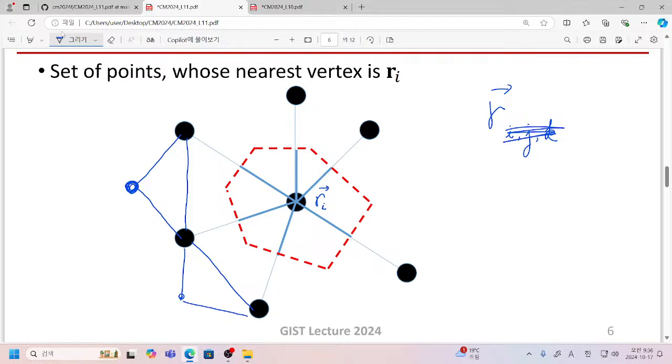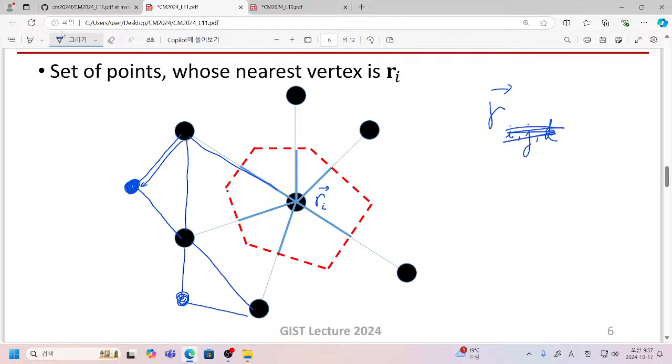Then, for example, this point and this point are not directly sharing the same element, so this does not correspond to the first nearest neighbor point of r sub i. But instead, if we go once, twice, then we can meet this point, so this can be regarded as the second nearest point in its connectivity.